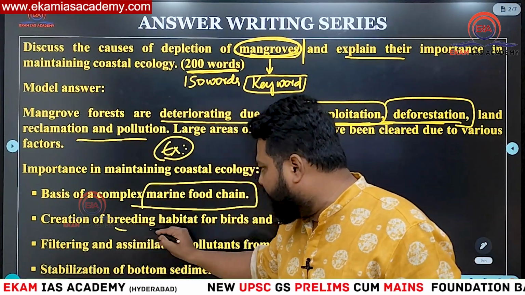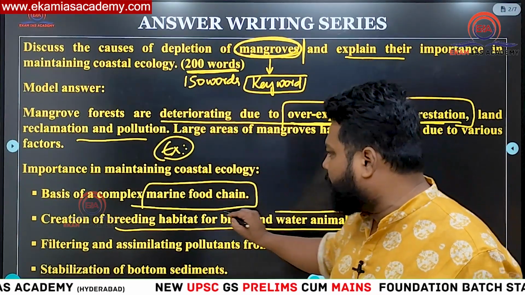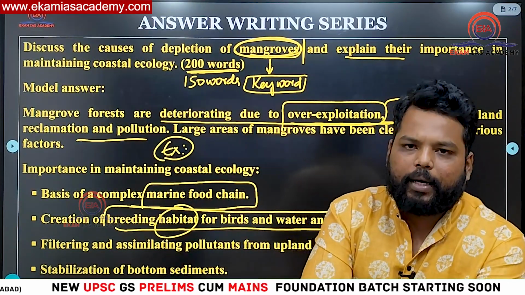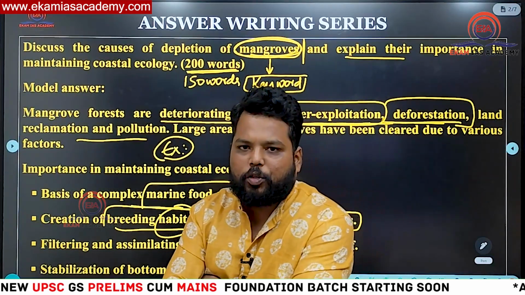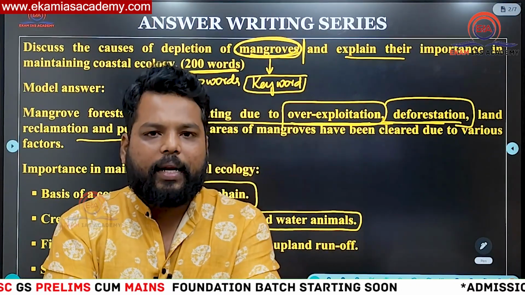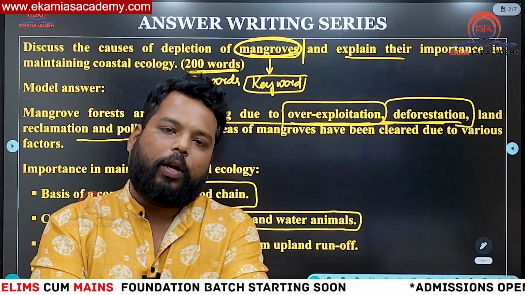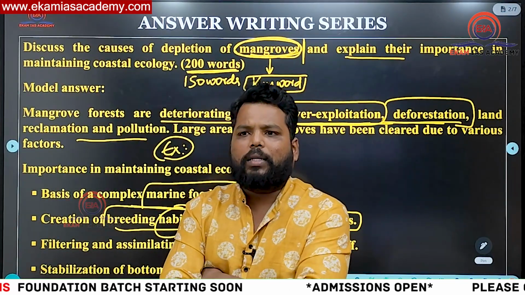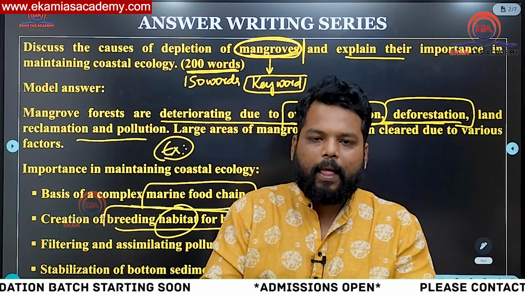Second, creation of breeding habitat for birds and water animals. Clear. So what do you mean by this breeding habitat? Habitat refers to the physical address of that particular organism. Every organism requires a certain physical address. Clear.